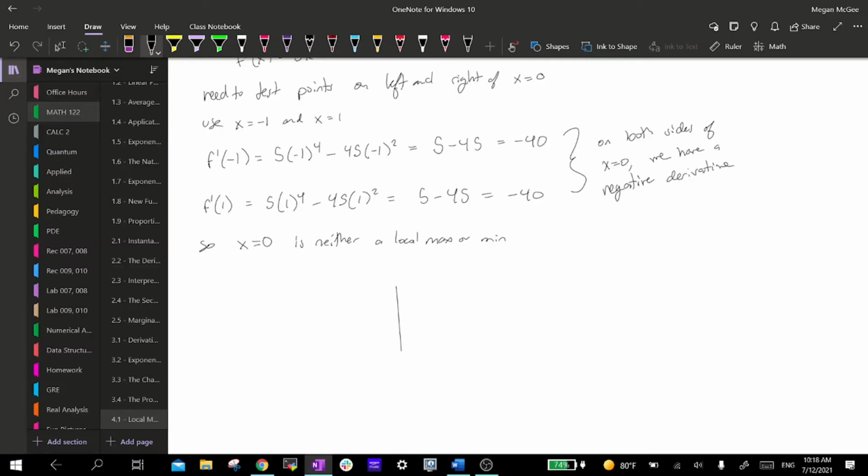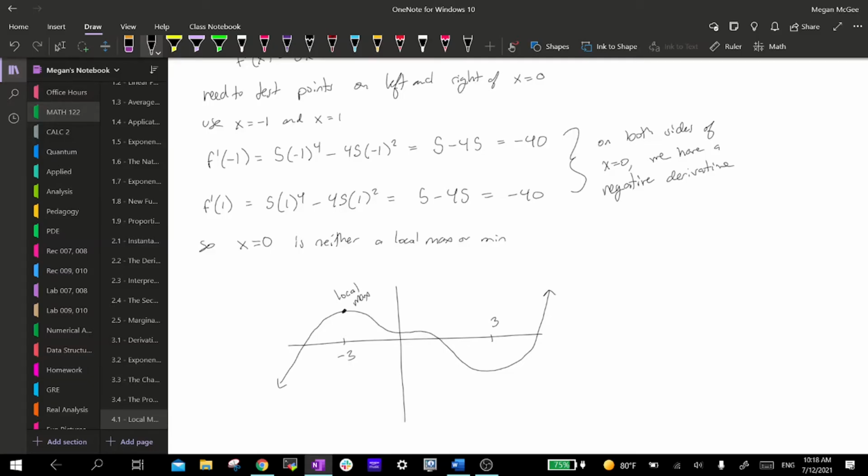And we'll go ahead and take a quick look at what this graph looks like. It's going to look something like this. So we come up, down, level out, down, and up again. All right, and I'm going to go ahead and label these points. So this is negative 3, this is positive 3. So remember at negative 3 we said we had a local max.